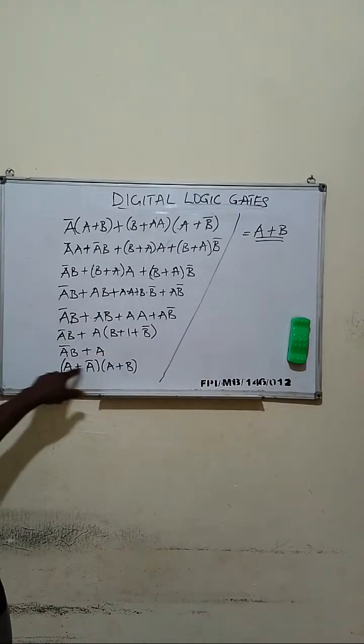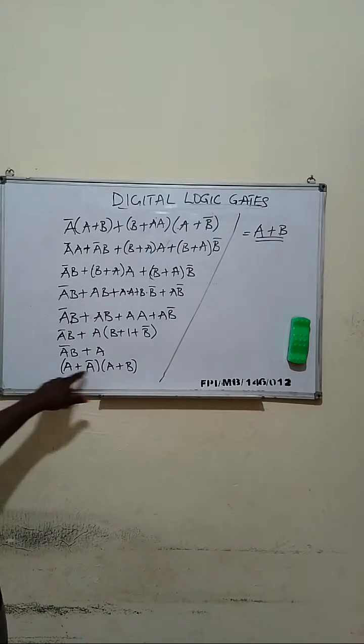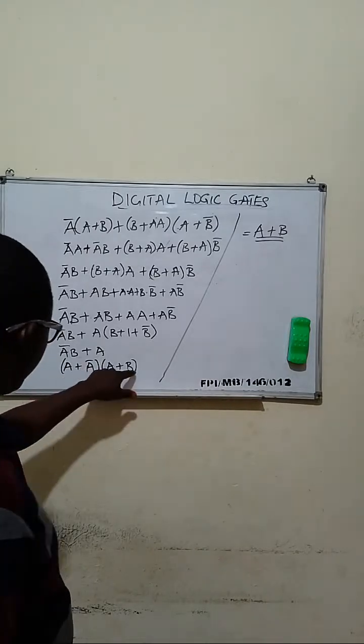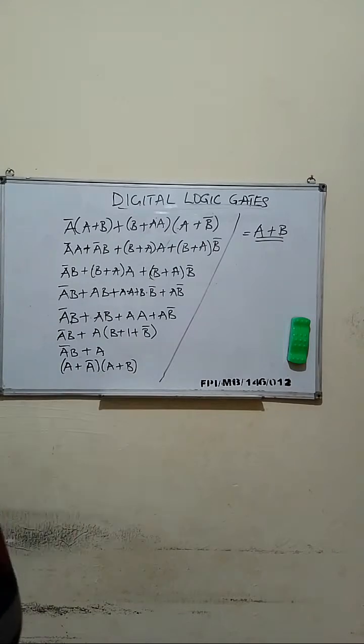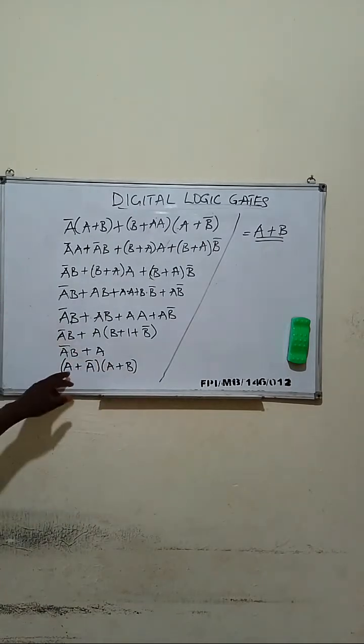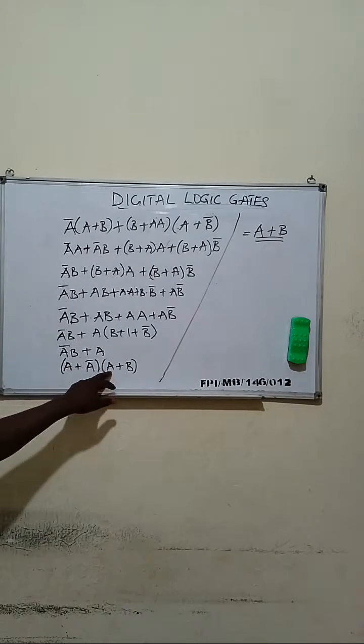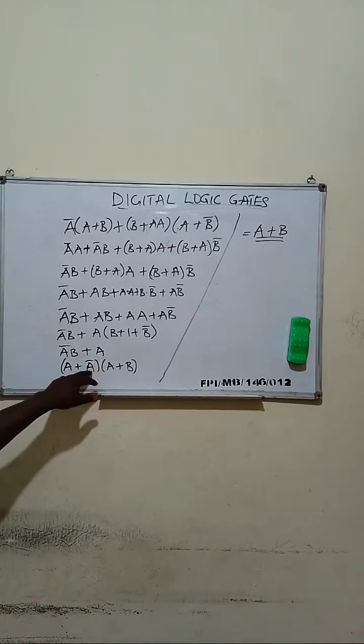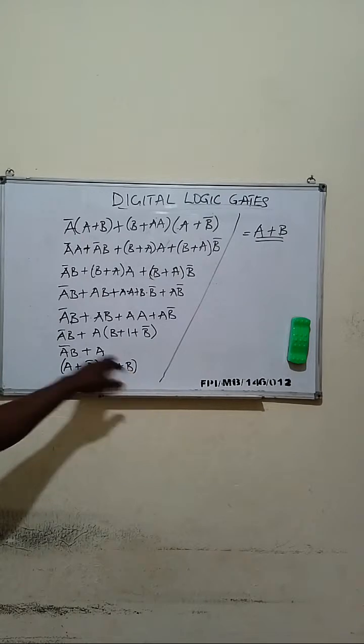Here now, A multiplied by A will be A dot A. Then A multiplied by B, A dot B. Then we'll have A bar multiplied by A, and then A bar multiplied by B. Now, the law tells us that the terms in between will vanish. It will now remain this dot this, which is this, and this dot this, which is this.